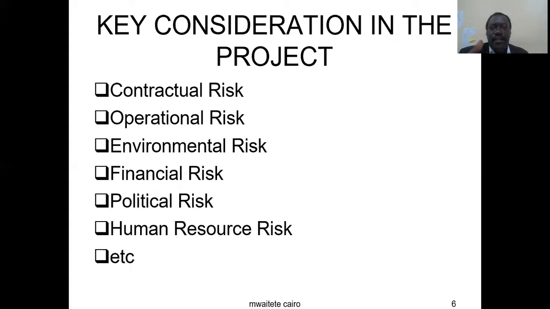Key consideration in the project. You need to consider risks in several categories. You are having contractual risks. You are getting into contract with the companies.